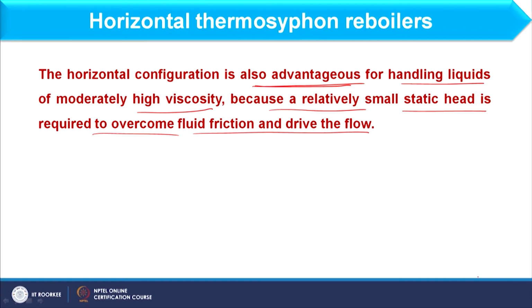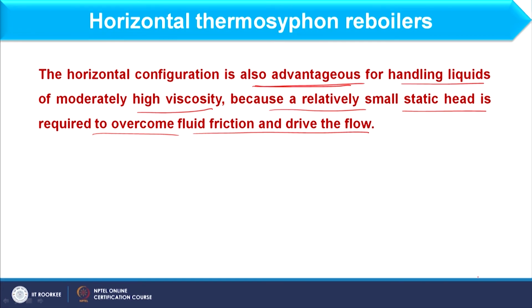When I consider horizontal thermosiphon reboiler, it has less travelling distance by the fluid in comparison to vertical thermosiphon reboiler, because in vertical thermosiphon reboiler, it has to travel the total length of the tube.